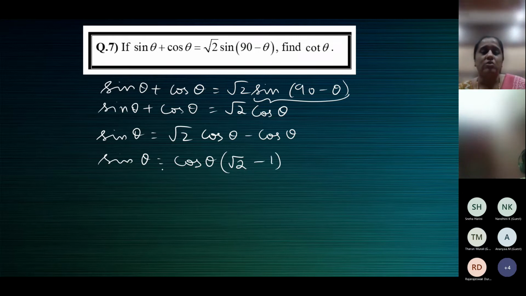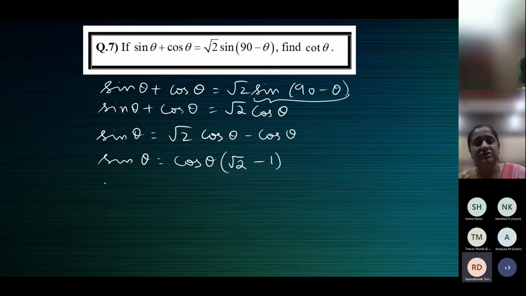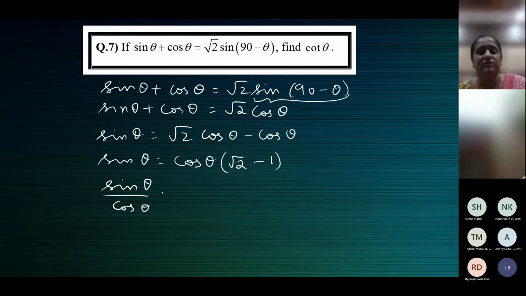Now transpose cos theta to the LHS. So it will be sin theta by cos theta. Sin theta by cos theta is equal to what? Root 2 minus 1.